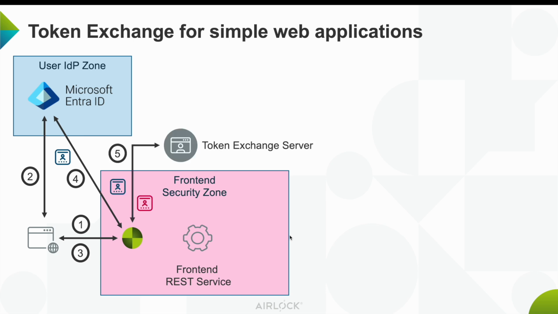If access is granted, the blue token is forwarded to the token exchange server, which exchanges the blue token into a red token. Finally, Microgateway forwards the request with the red token to the front-end REST service.